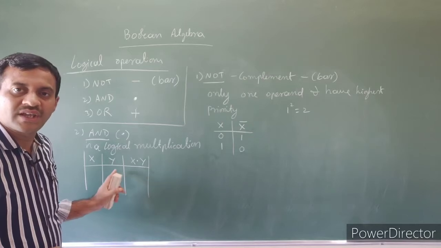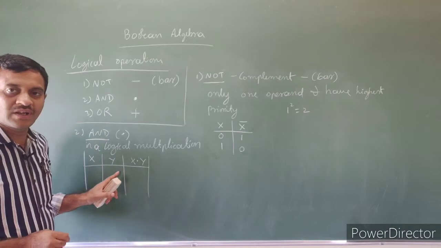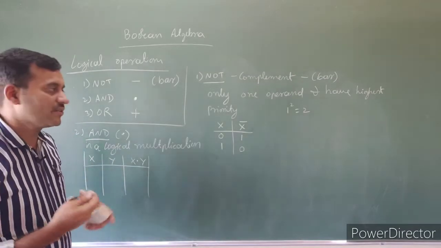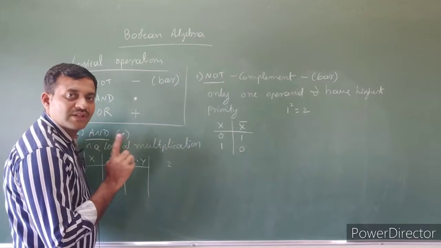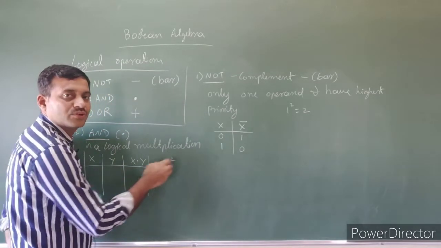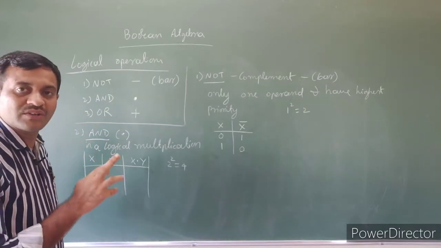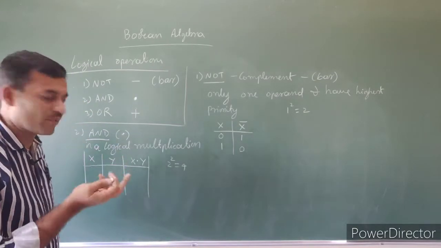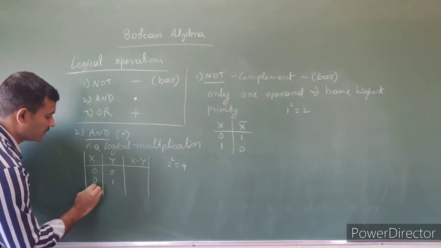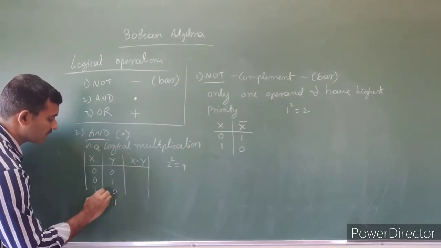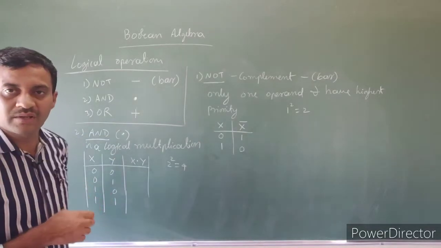If there are 2 variables, then the possible combinations are 4. How? For 2 variables, each has only 2 unique values, so 2 to the power of 2 is 4. Every variable has only one value out of 0 and 1. So the combinations are 0 0, 0 1, 1 0, 1 1. These are the unique combinations over 2 variables.